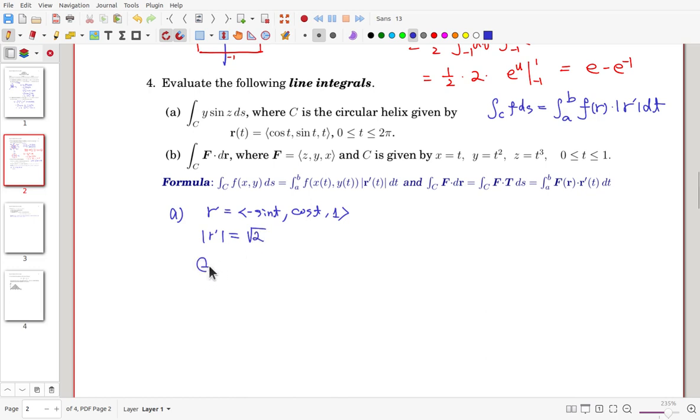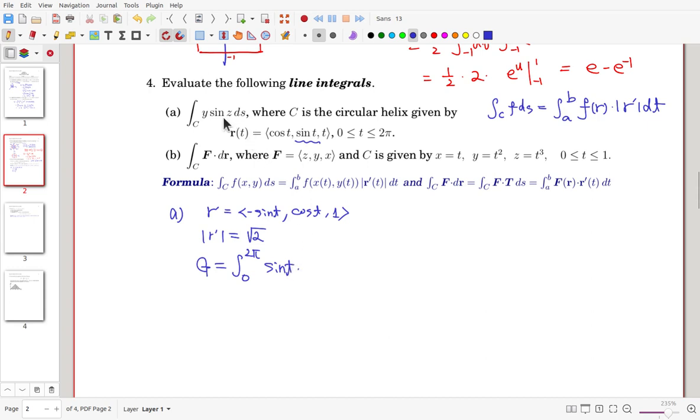So the given integral for part A is the same as the integral. Now this parameterization is from 0 to 2 pi. T is moving from 0 to 2 pi. And y is this one, sine t.